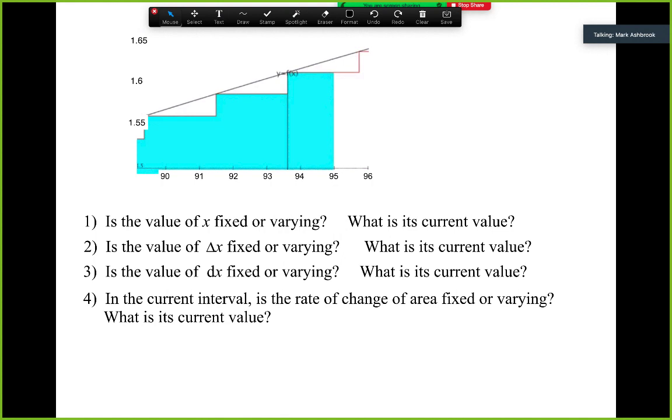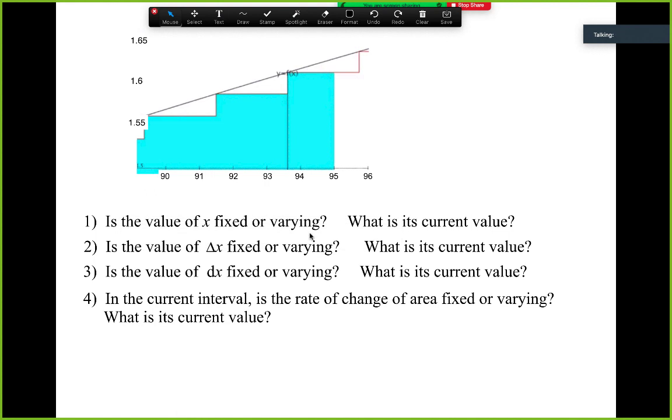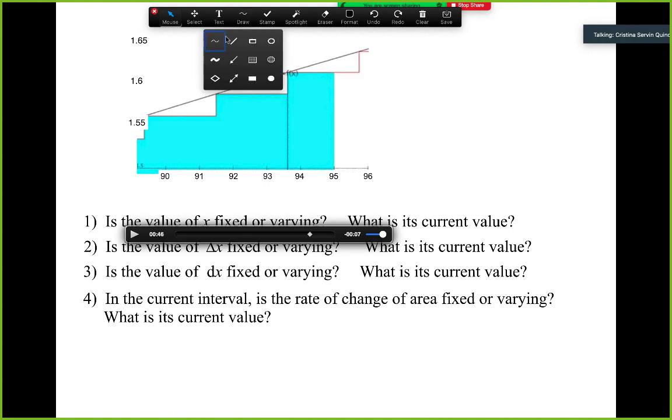So what do we think? Is the value of x fixed or varying in this broader situation? Varying. And where I paused it, what's the current value of x? About 95. Good, 95.